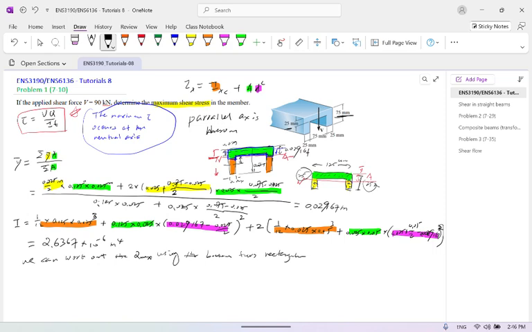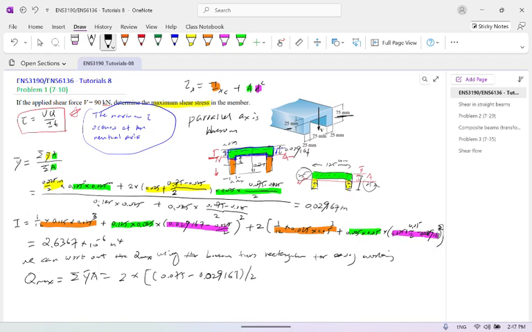Okay, so for easy calculation, because the two rectangles are quite easy to work out, the Q max will equal the summation of YA. So equal to 2 times, let's work from here, 0.075 minus 0.29167 divided by 2.